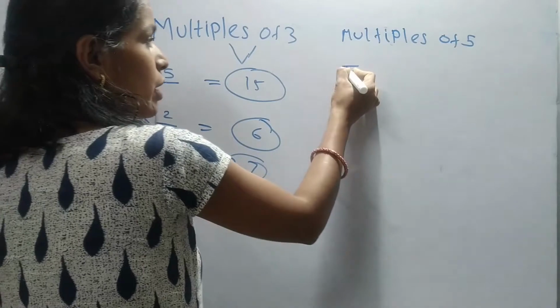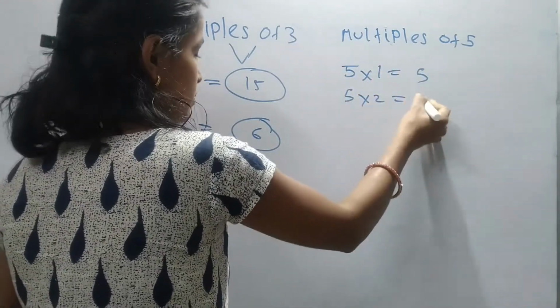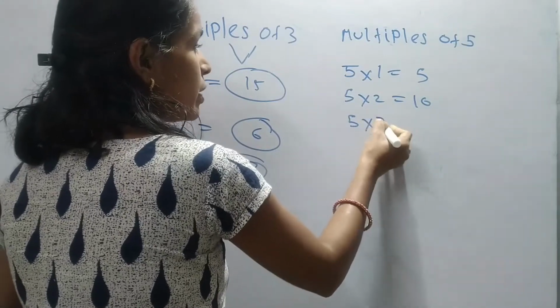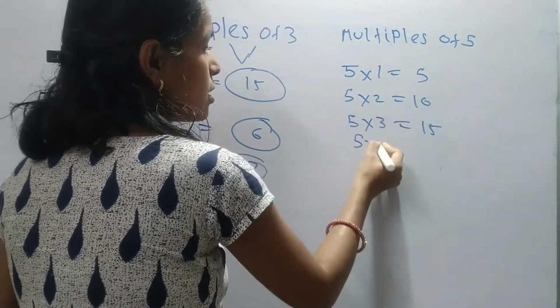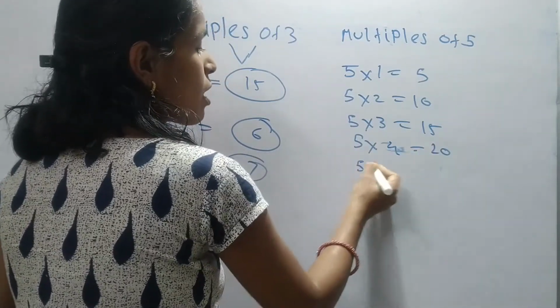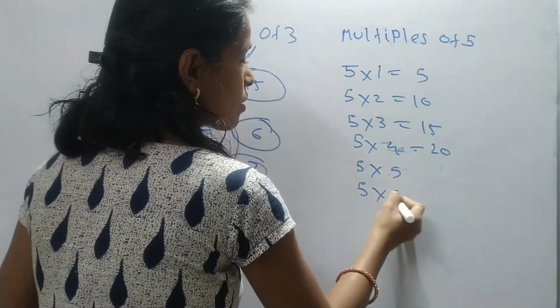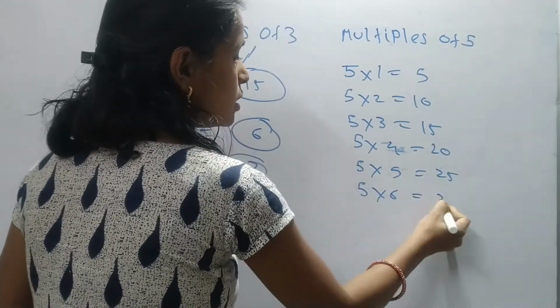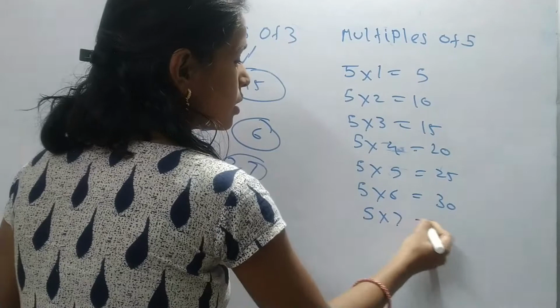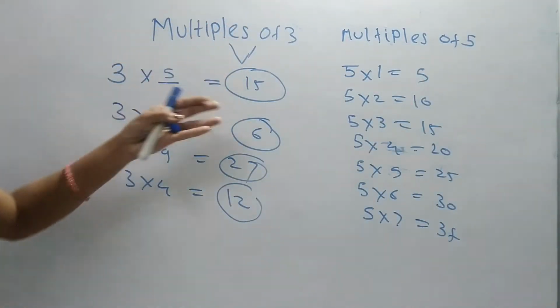What are the multiples of 5? 5 ones are 5, 5 twos are 10, 5 threes are 15, 5 fours are 20, 5 fives are 25, 5 sixes are 30, 5 sevens are 35. These are the multiples of 5, and these are the multiples of 3.